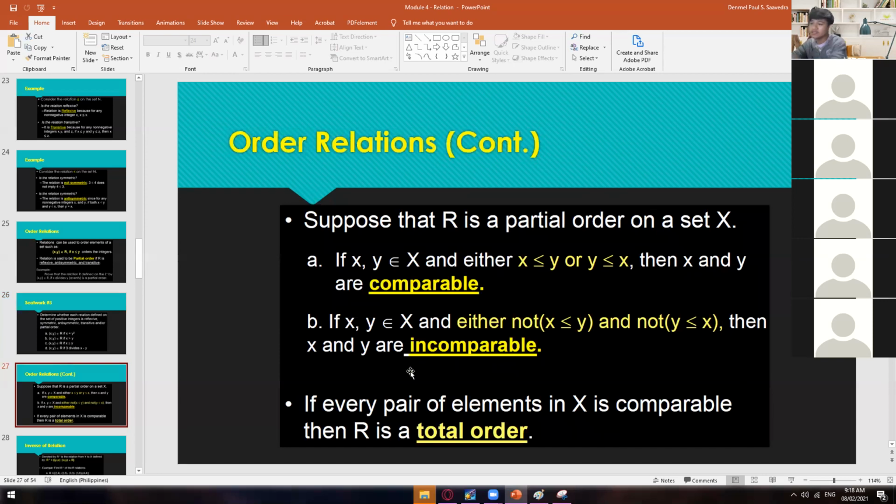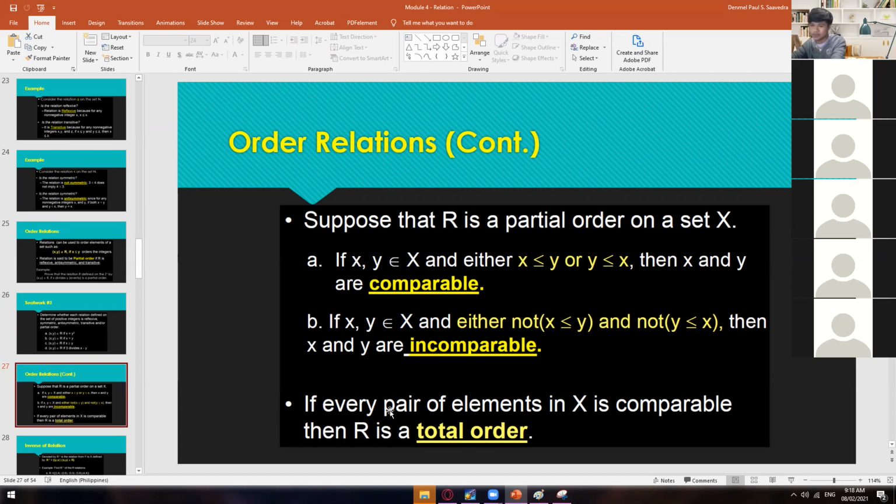If every pair of elements in X is comparable, then R is a total order. Meaning if you have xy, then you should have yx. If you don't have one of those, then that one is already not a total order.